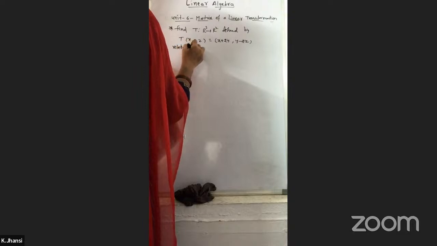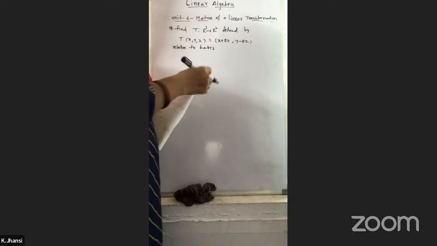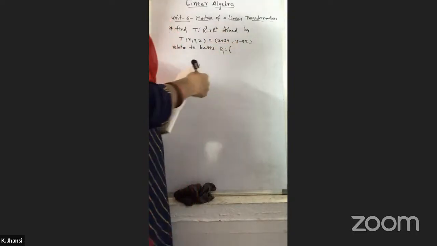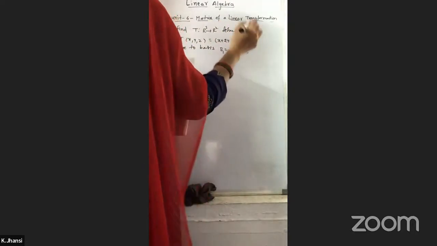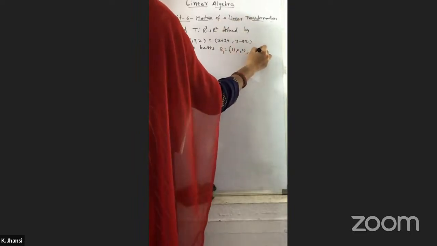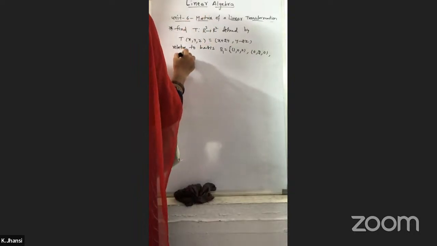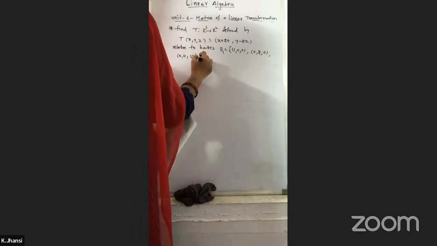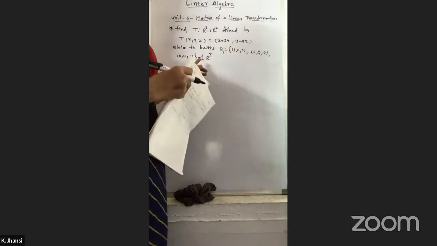Relative to bases. Here 2 bases will be given. Relative basis 1: B1 equals (1, 0, 0), the second one is (0, 2, 0), and the third one is (0, ...). This is one basis, the basis for R3.